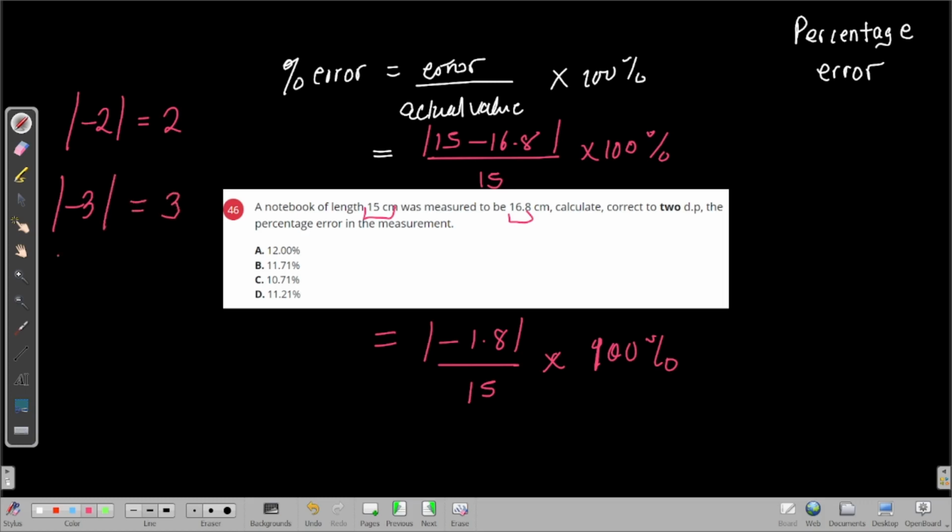We use these slashes to indicate absolute value. So if I remove the negative sign, it will be 1.8 over 15. So that's 12%.